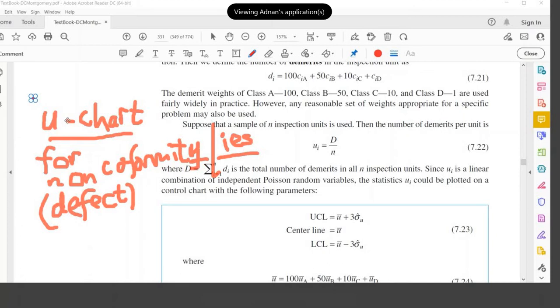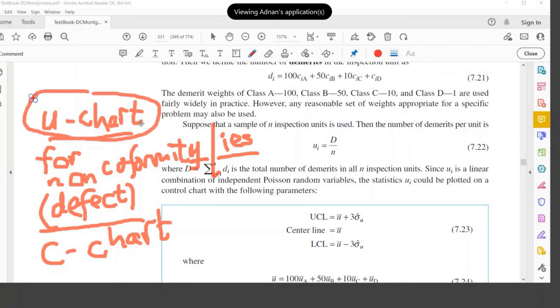Okay, so C chart seperti yang saya kata, biasanya dia akan ada inspected unit. Apa maksud inspected unit? Inspected unit ni boleh jadi satu kotak, satu dozen, satu rumah, satu keping yang besar, macam tu. Jadi U chart ini biasanya dia ada nilai N yang bukannya satu.